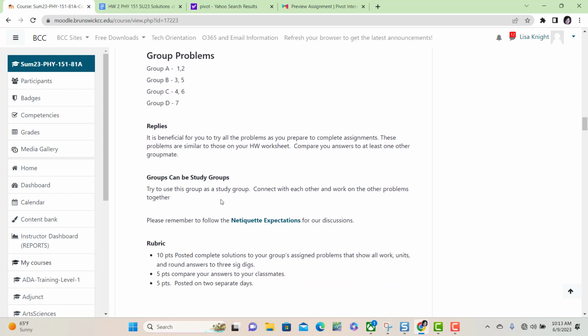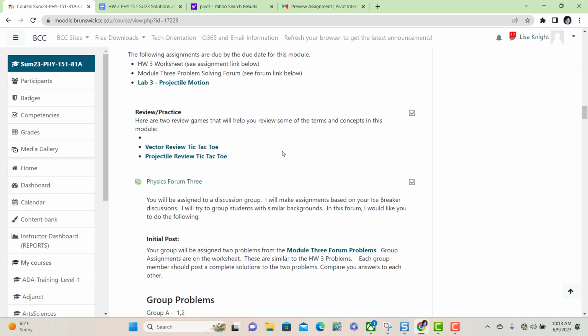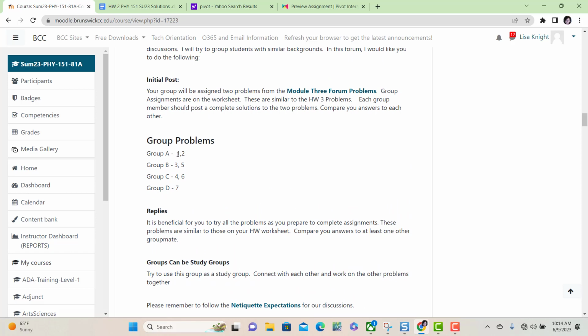And then you're going to compare your answers to your group mates. Now, you're going to have to do all the problems on your homework worksheet, but this allows you to maybe connect with a group of people and start building a study group so that you guys have started working on a couple of the problems together that are similar.